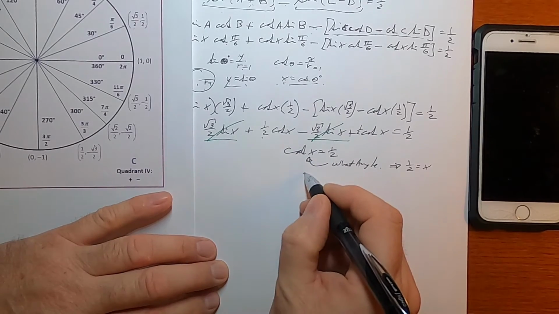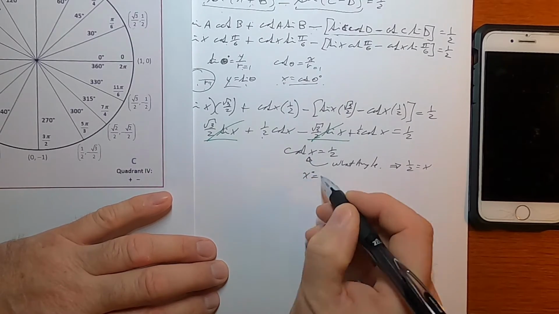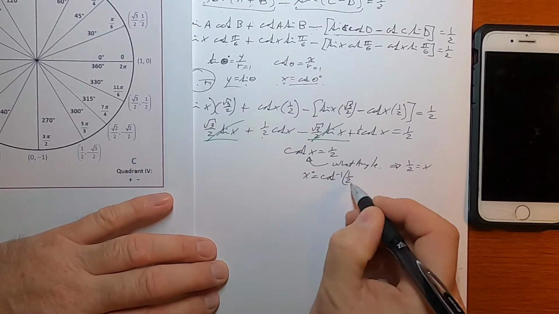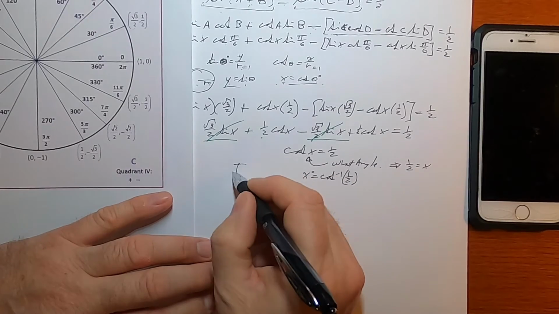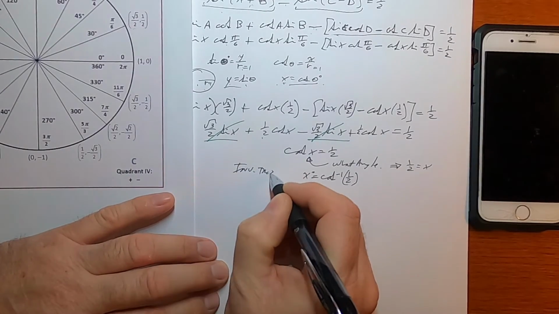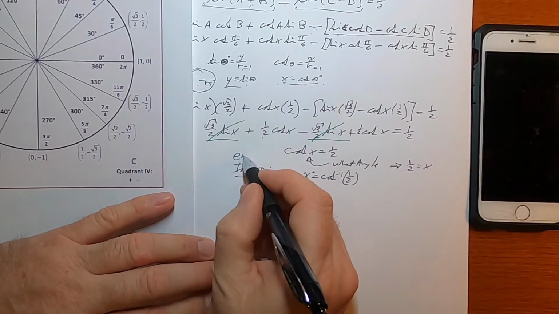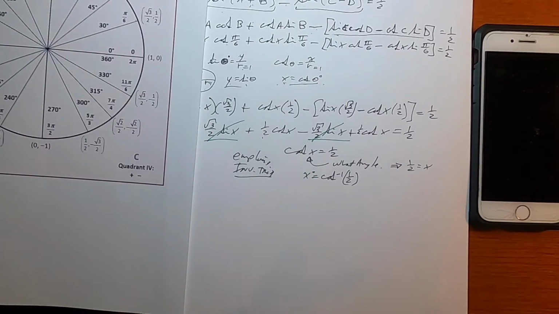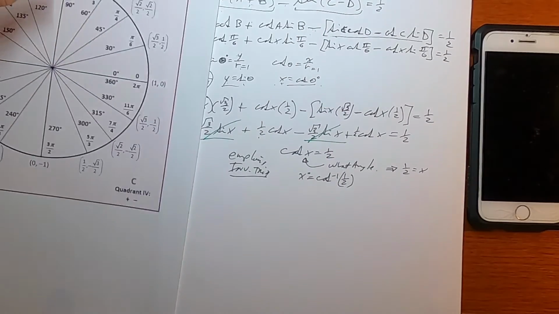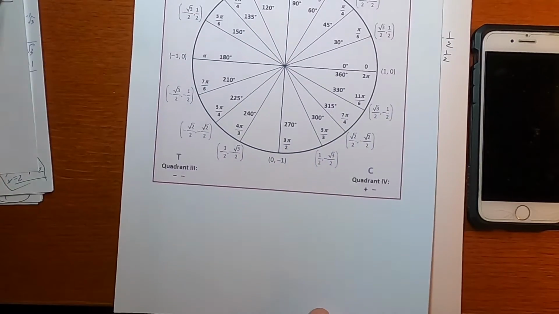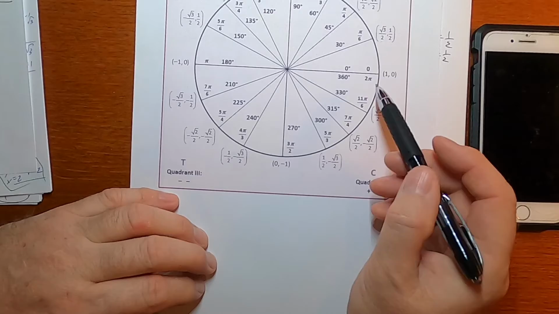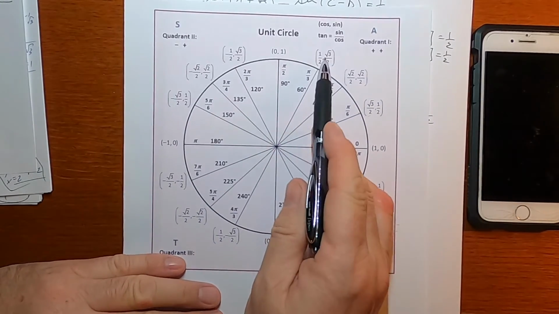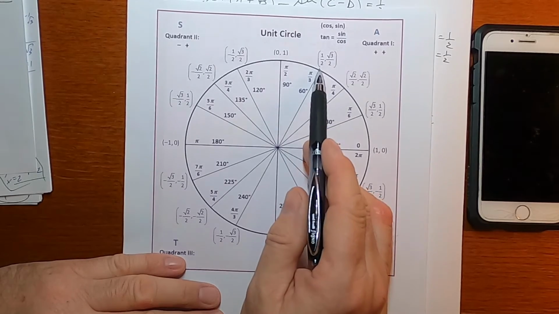So you would say, well, what x angle equals the cosine inverse of 1/2, you see? So this is the inverse trig function we're employing. There's one other thing to recognize, and that is that's not the only place that we get a value of 1/2.